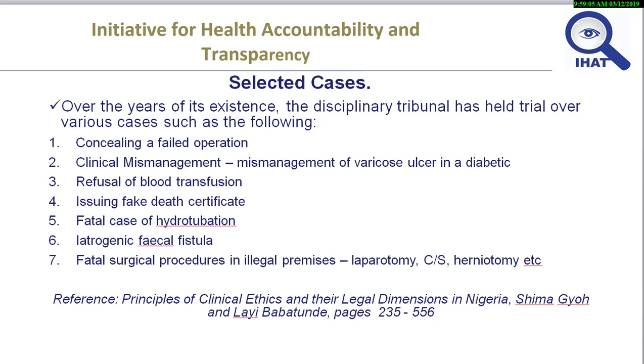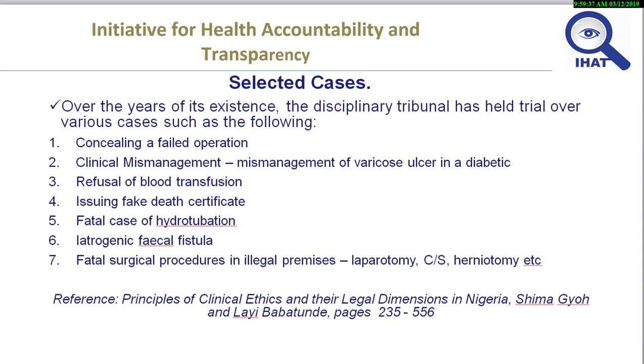There are some cases of refusal of blood transfusion, particularly due to the faith one is holding, like the Jehovah's Witnesses. There are also issues of issuing fake death certificates. There are others like fatal case of hydrotubation and cases of iatrogenic fecal fistula.